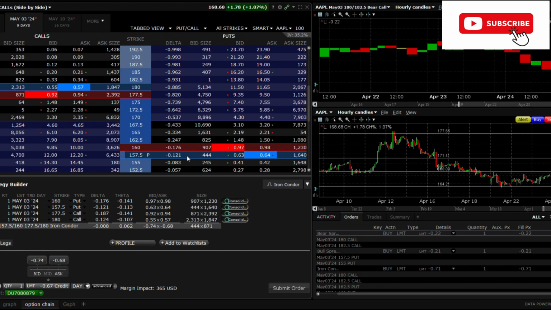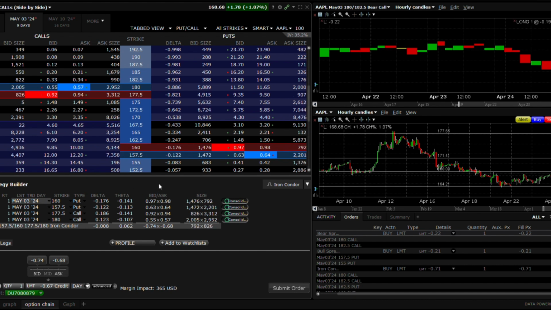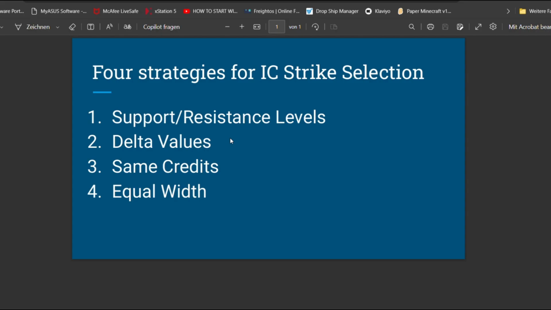This will not always be the same, but in this case, the delta values are the same. Okay, so these are the four strategies that we learned until now for iron condor strike selection. I hope you learned something new here.